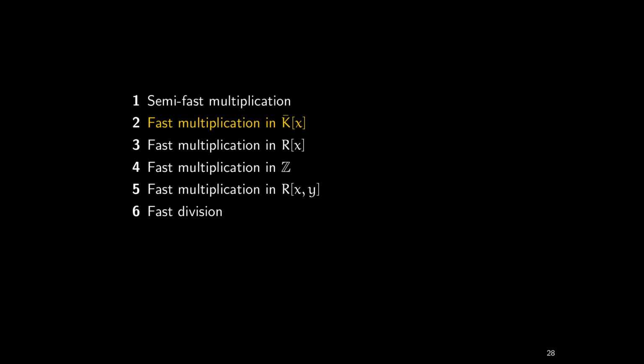This will still make use of the FFT, but we have to deal with the problem that the ring may not contain enough roots of unity. It may not actually contain any root of unity, so we'll have to invent a root of unity without having to pay too much for it. So this will be the topic for next time. It gives a very interesting algorithm.